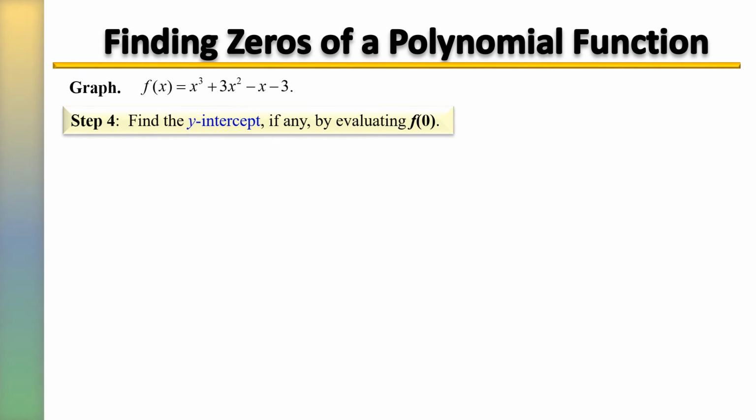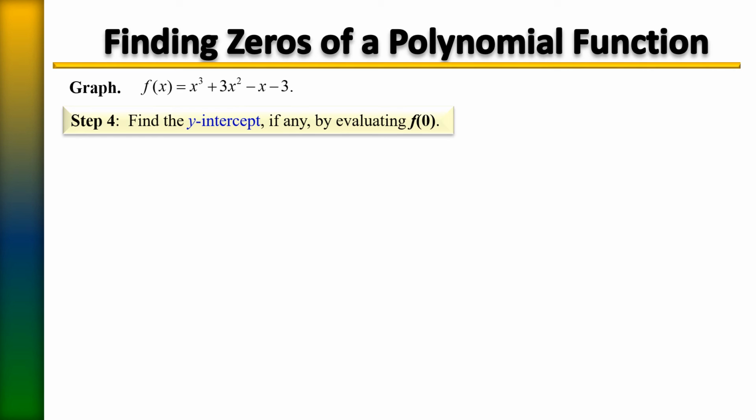In step 4, we're going to find the y-intercept, meaning we want to find a place where it touches the y-axis, if any. To do that, all you have to do is evaluate the function and find f of 0. In other words, into the given function, remove all of the x's and replace them with 0 to see what your output, or your y value, would be.